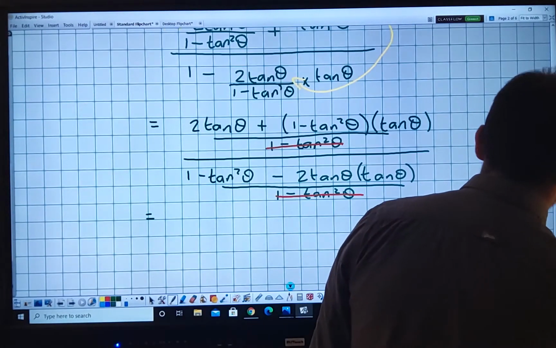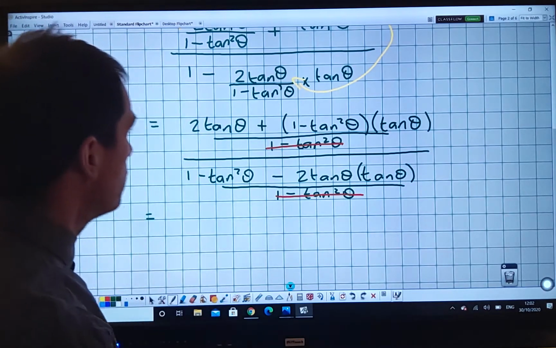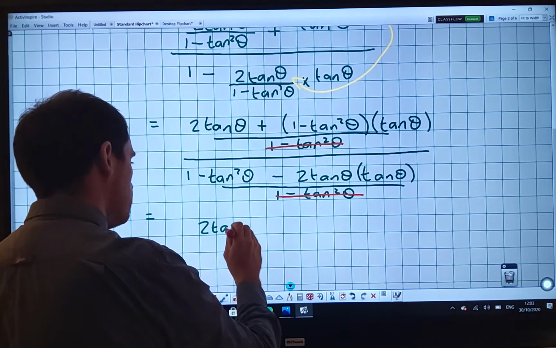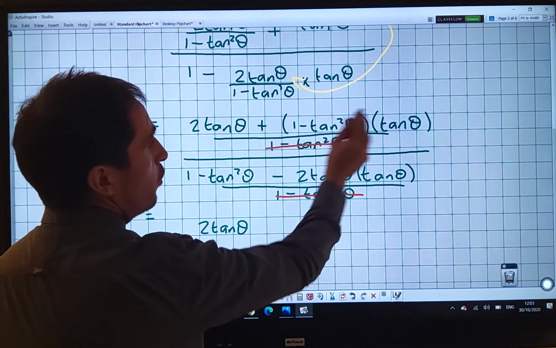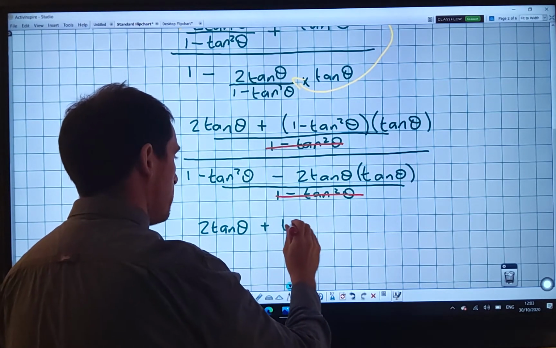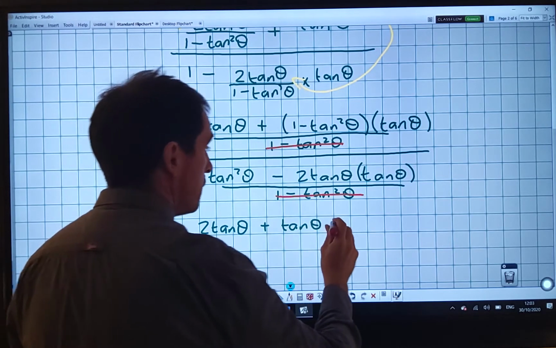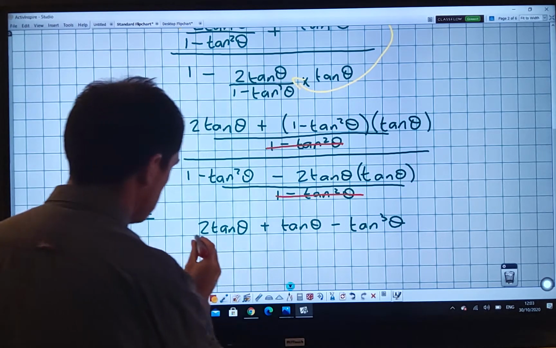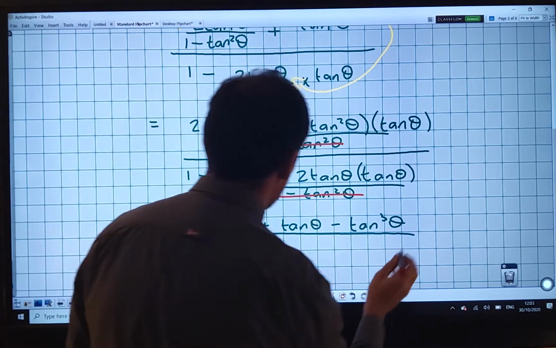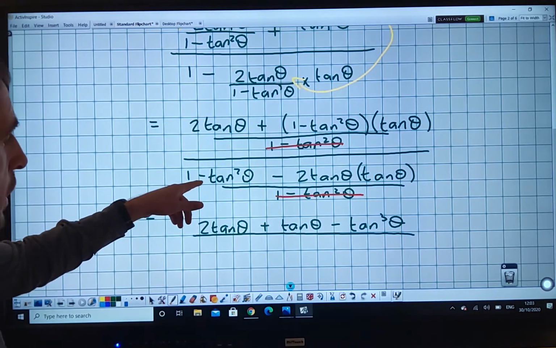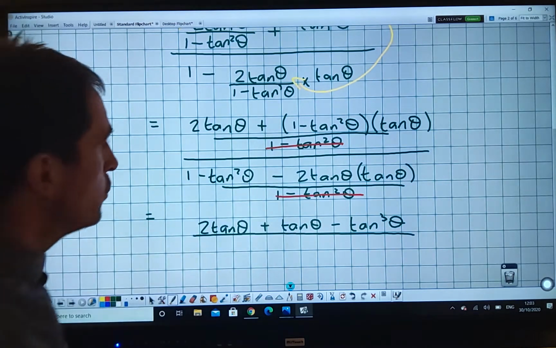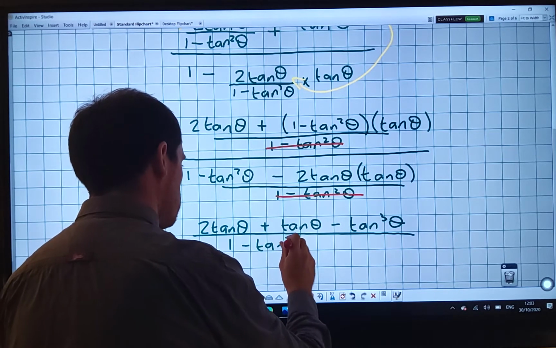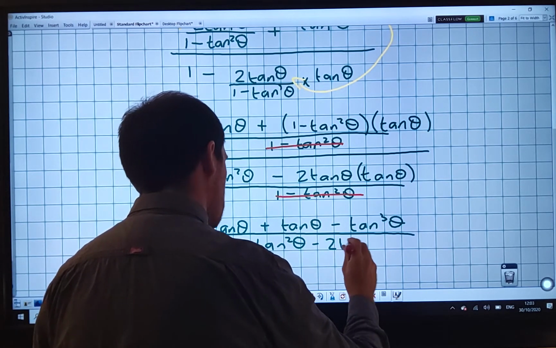So if I multiply these out, so I have 2 tan theta. Now 1 times tan theta is plus 1 tan theta, or tan theta, minus tan cubed theta. And below the line I've got 1 minus tan squared theta minus 2 tan squared theta.